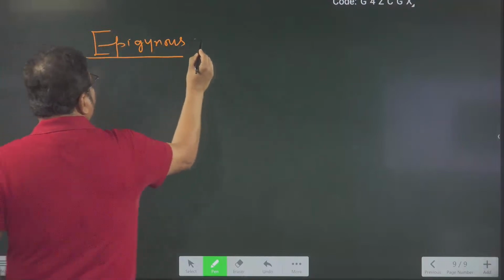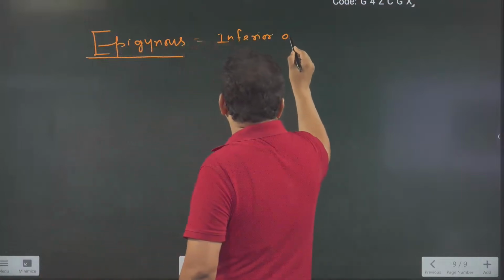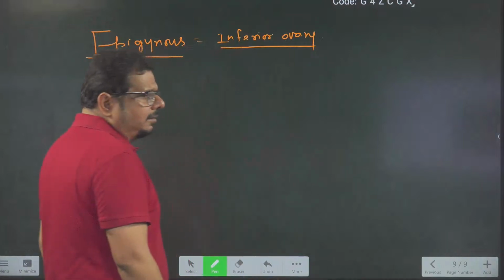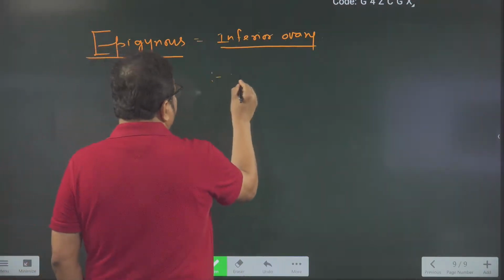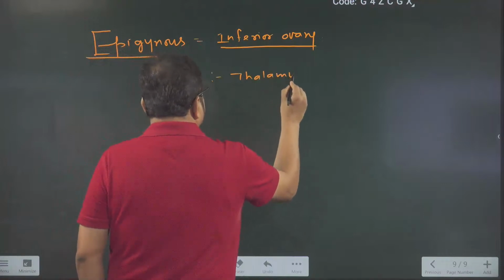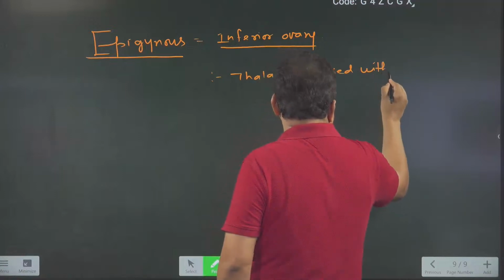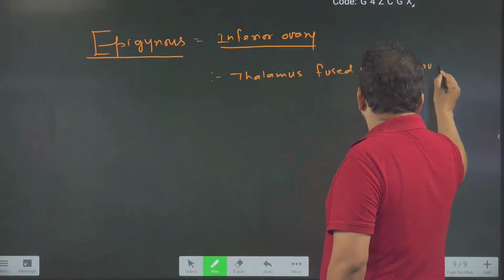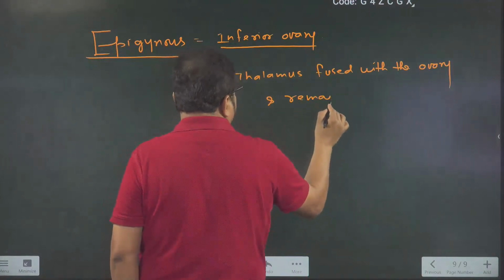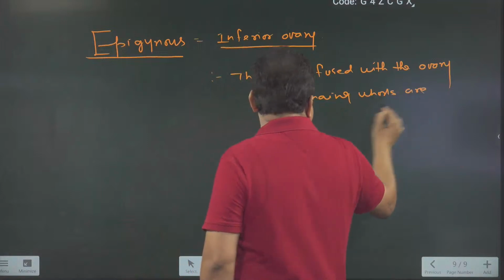In epigynous, what we are finding is inferior ovary. What happened in this condition? The thalamus fuses with the ovary, and the remaining whorls are present above the ovary.